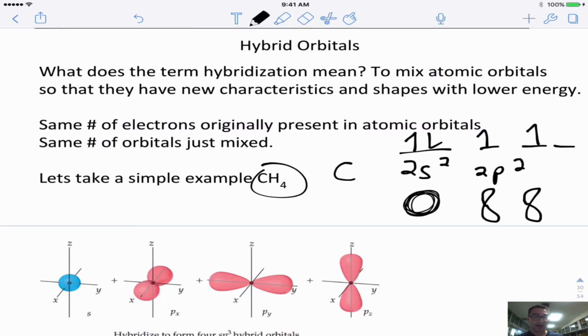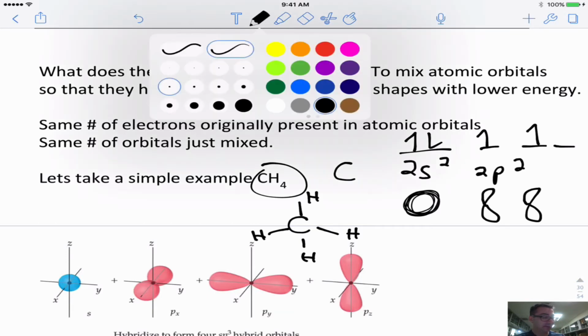Now, somehow or other, when CH4 forms, the carbon in the middle now has 4 bonds, and we know the shape of this, hopefully you've memorized the chart, as being tetrahedral. Tetrahedral, where all of the orbitals that form are at this 109-degree angle that we have here.